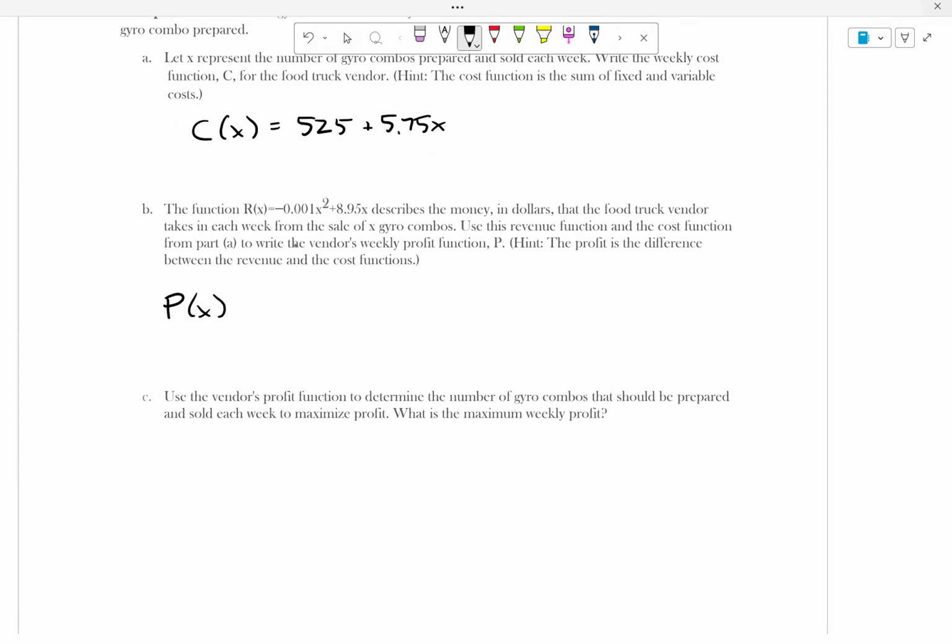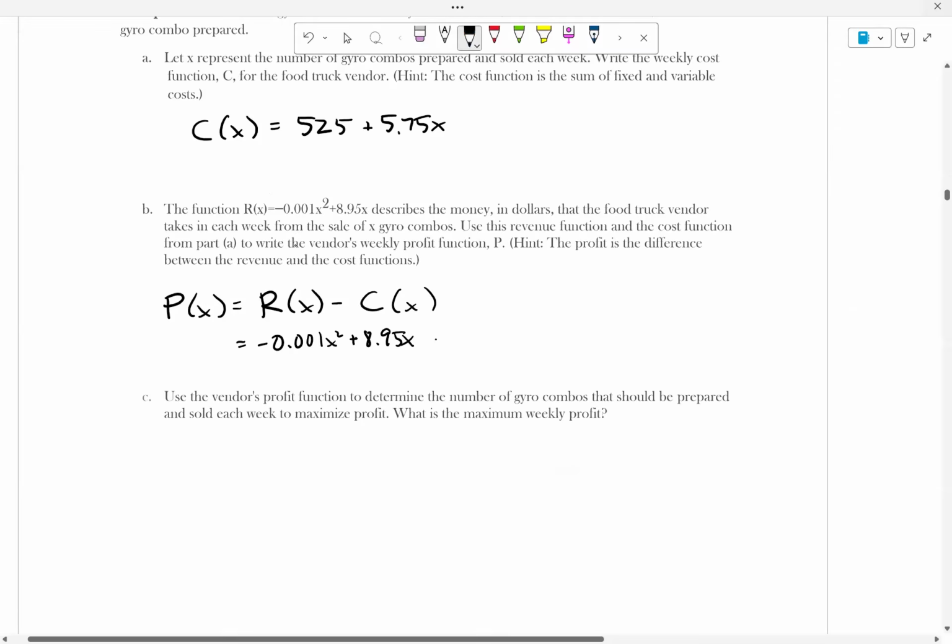Profit is equal to the difference between the revenue, and we're hoping that the revenue is greater, R of X minus C of X. And we have R of X is negative 0.001X squared plus 8.95X. I just copied that over. Minus C of X.